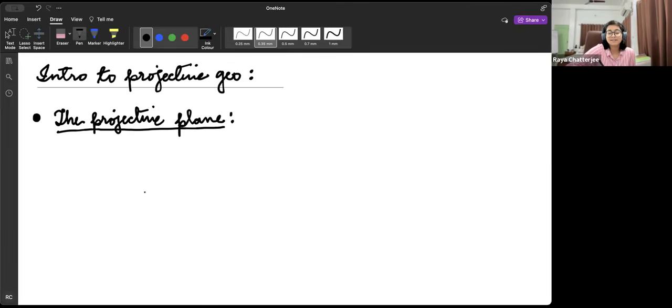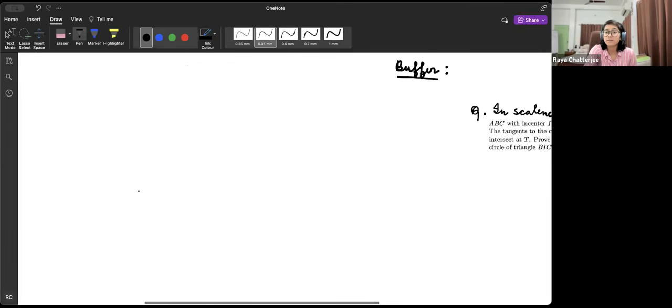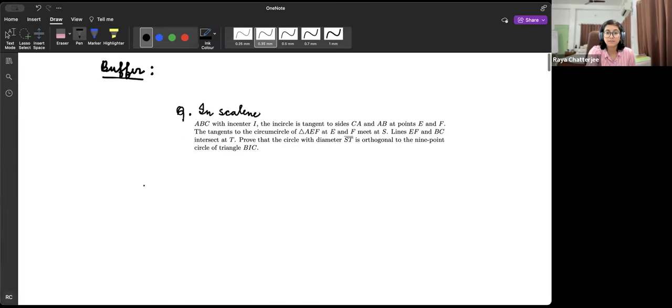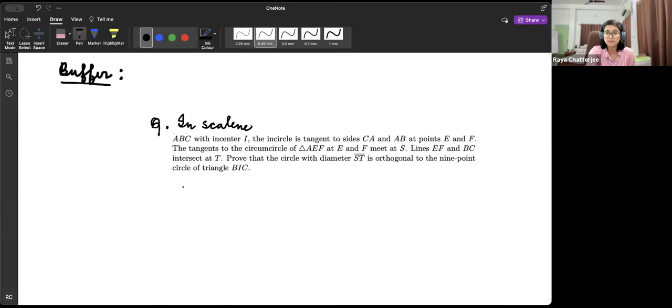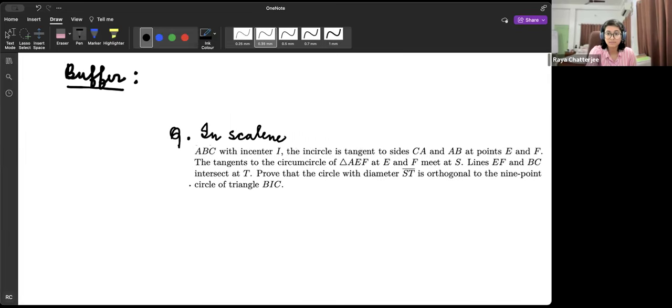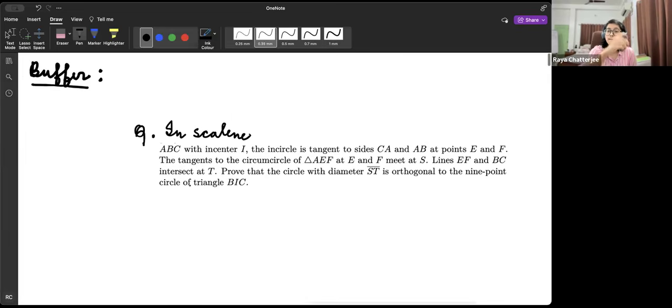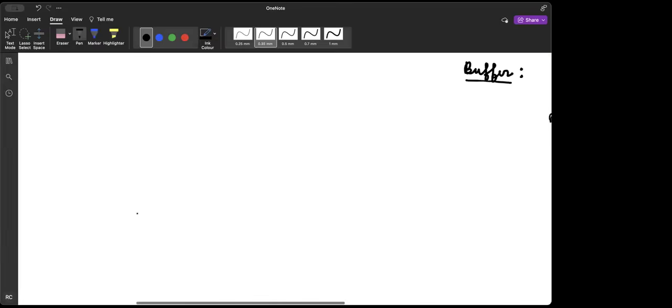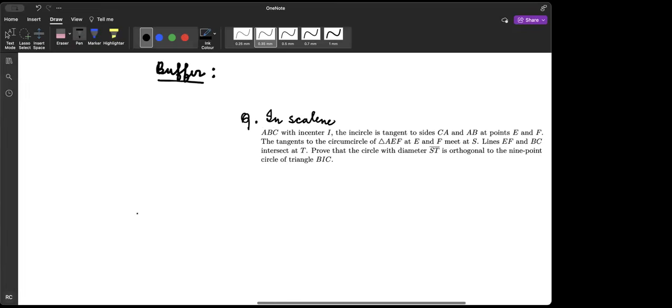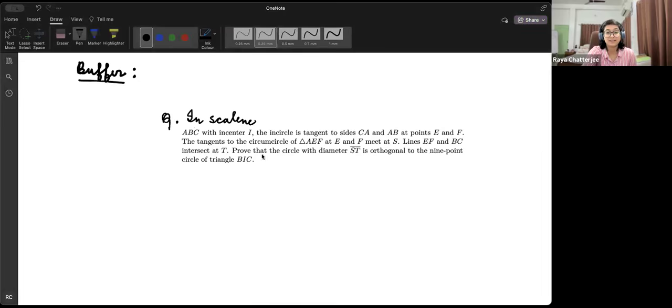So yeah, I should start from the basics. And if somebody has any idea from before, I have a buffer problem. So take a screenshot maybe, and if you finish this, you can let me know. Okay, I guess I've done this problem before in the buffer. One sec, give me a sec.